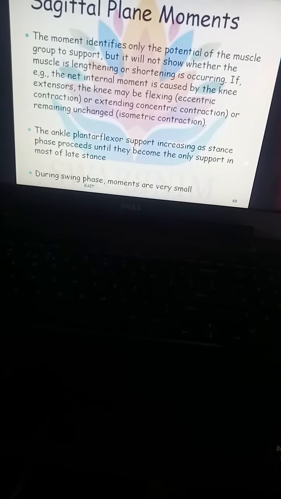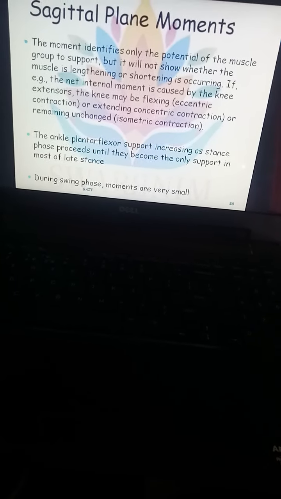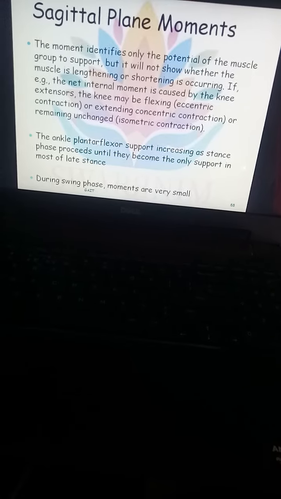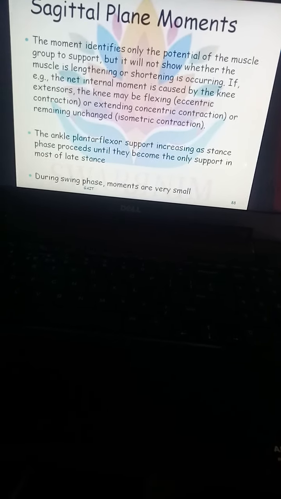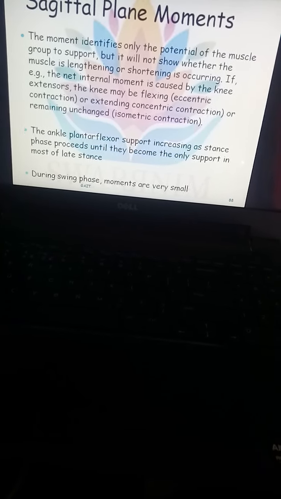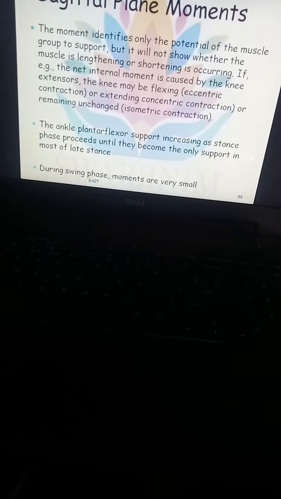Because during the late stance phase, only the toe is on the ground, and in the toe position only the ankle plantar flexors are in touch with the ground. So that's why they say it is the only support in most of the late stance phase.